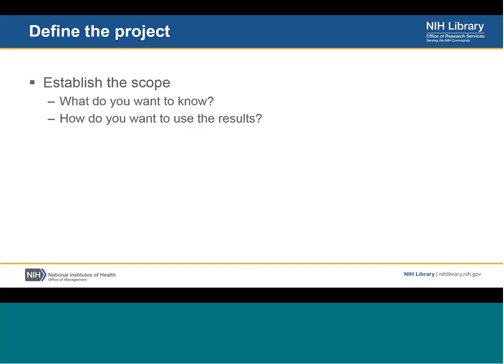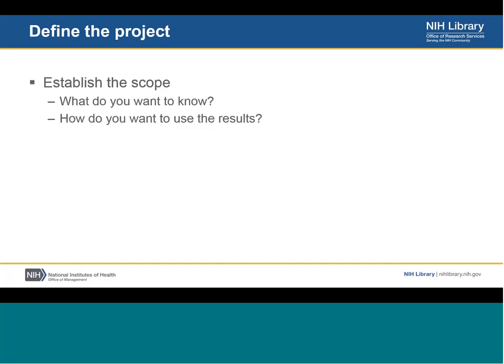This is really important for bibliometrics, because most of the time people aren't aware of what's possible in bibliometrics. So they ask for what they think is possible rather than what they're actually looking for. So we always take a lot of time at the beginning of any project to figure out what they actually want to know. So we always start at the end and work our way backwards.